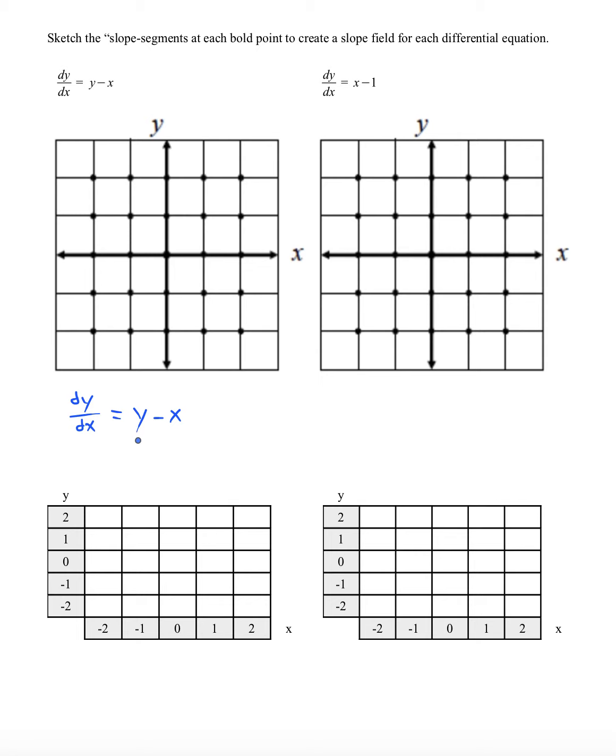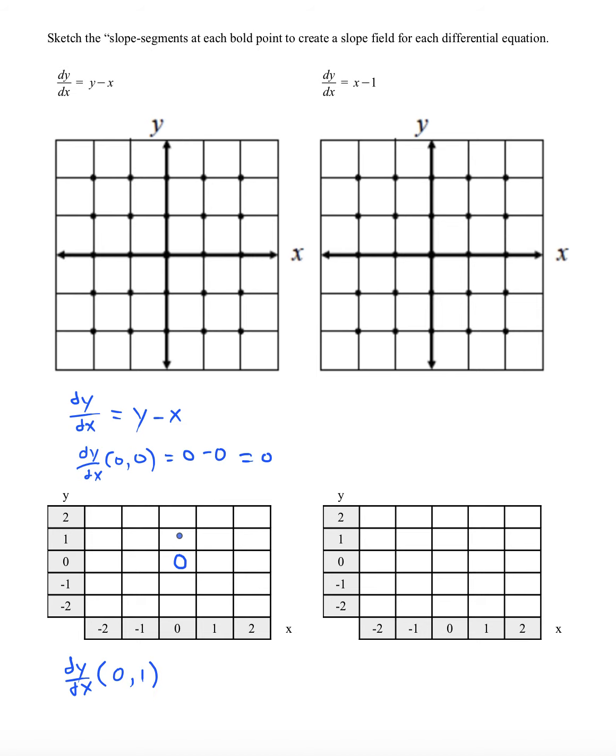Therefore, if I use the combination of x equals 0 and y equals 0, we get 0. So I want to put a 0 here. We can try dy over dx for 0, 1.